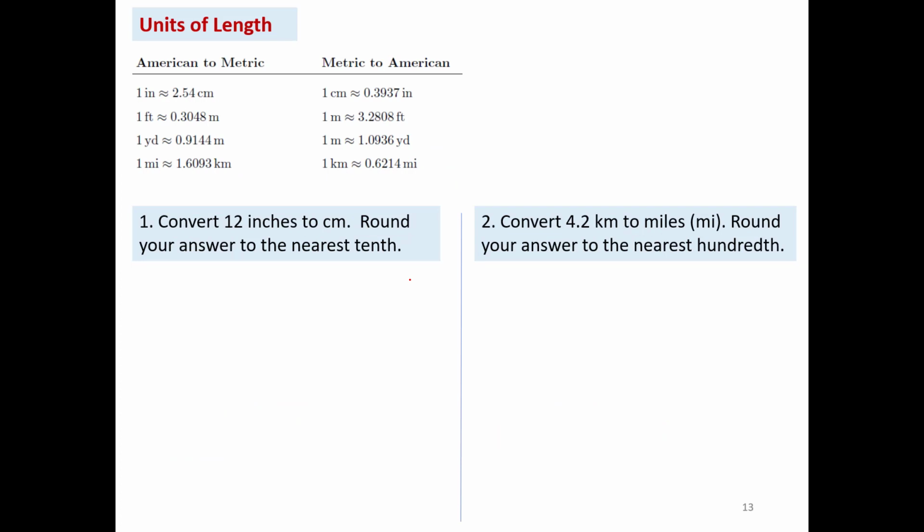Now we know we can use either one, so it's up to you what unit conversion factor you want to use. Now let's convert 12 inches to centimeters.